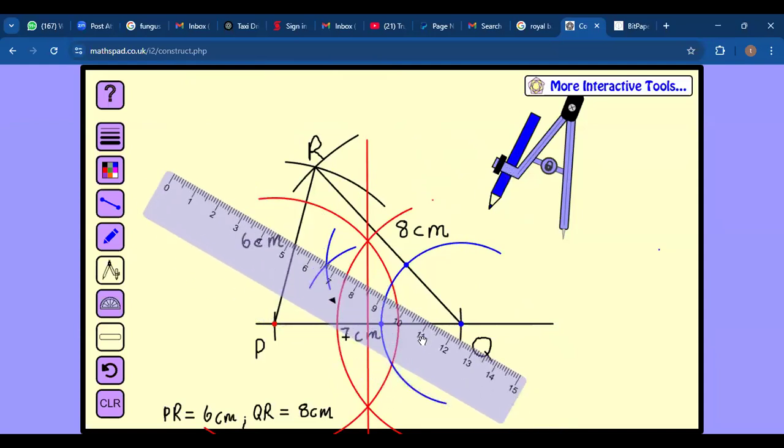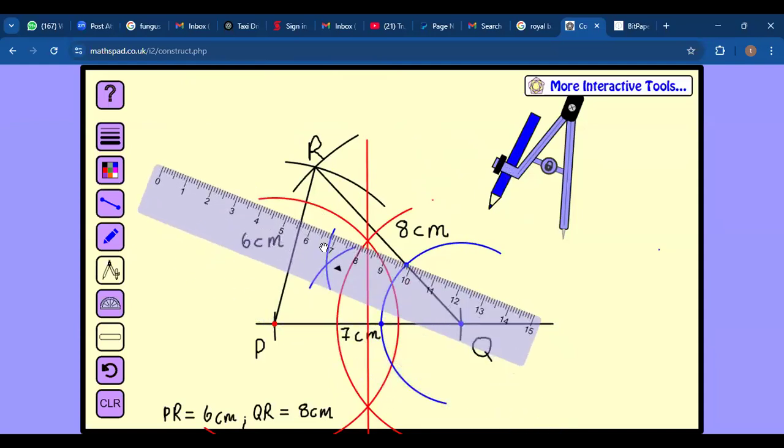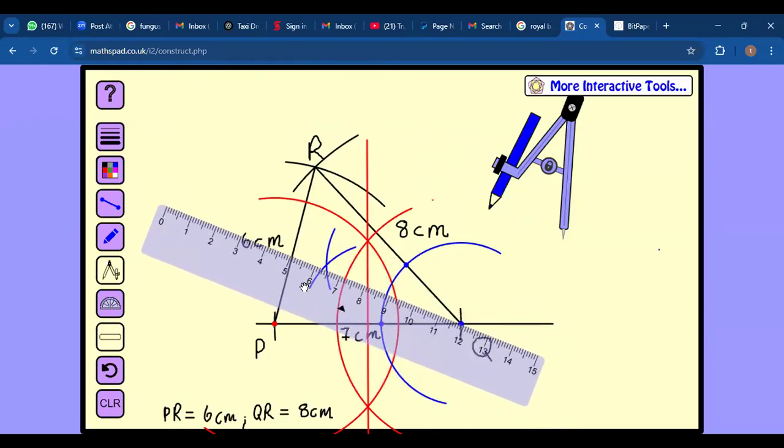It's going to be right through here. Let's just go ahead and draw it.